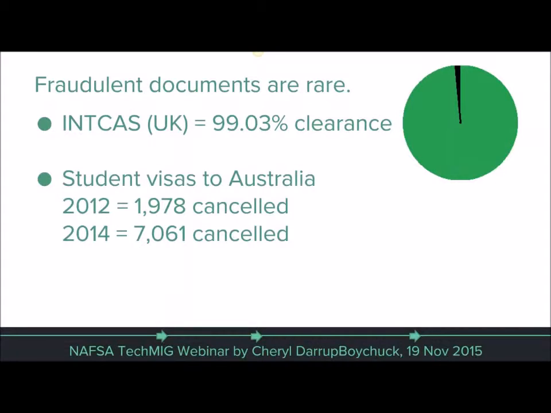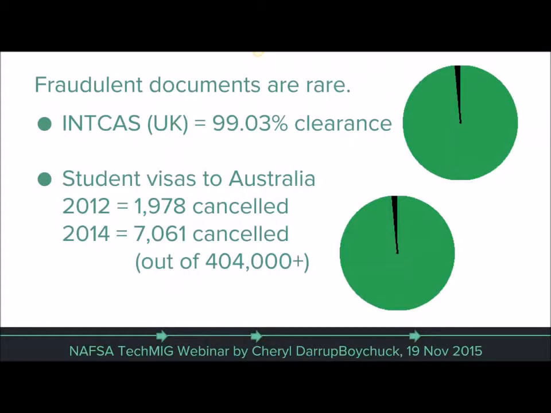So yes, that figure as it stands alone is certainly troubling. But let's put it in perspective. 7,000 is less than 2% of more than 404,000 student visas issued in Australia in 2014. So that figure is very similar to that 99.03% clearance rate reported in the United Kingdom.